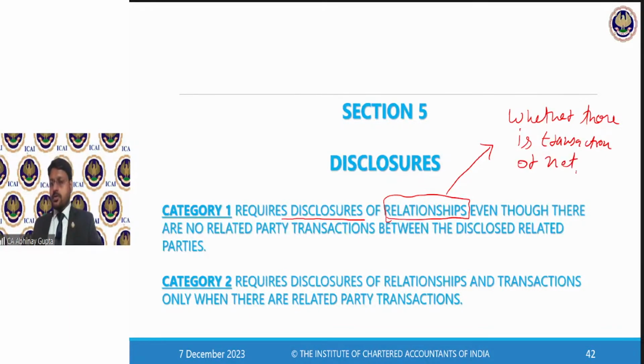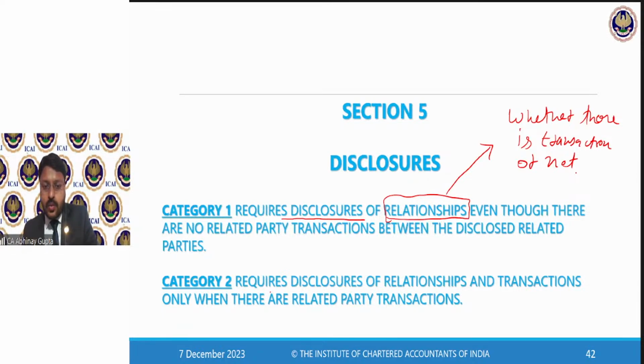Transaction is there or transaction is not there, doesn't matter. I have to disclose the name of the related party and the nature of relationship I have with them. So, for example, a holding company in its standalone financial statements will disclose the list of all its subsidiaries, JVs, and associates, irrespective of whether it has transactions with them or not, right? Because that is a mandatory disclosure under category 1.